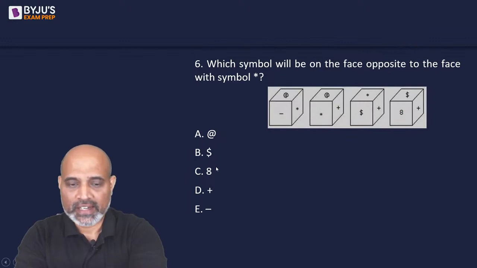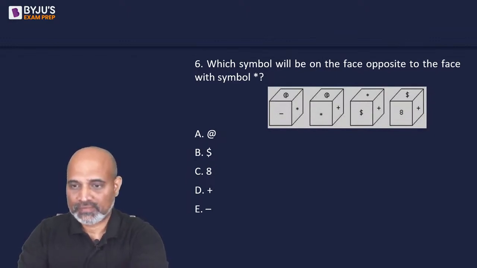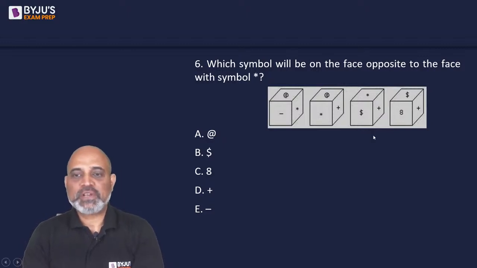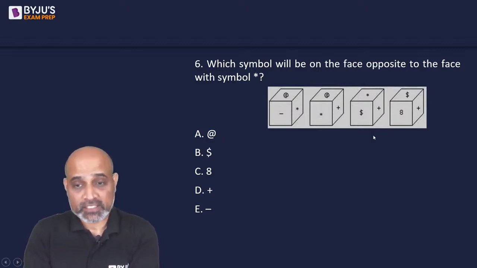Okay, next one. Which symbol will be on the face opposite to the face with symbol asterisk?